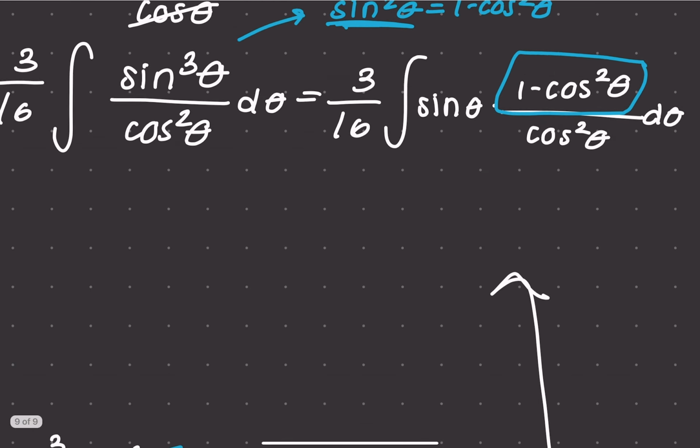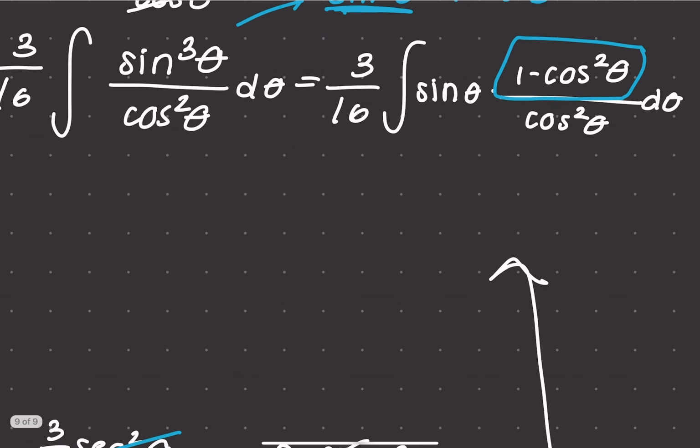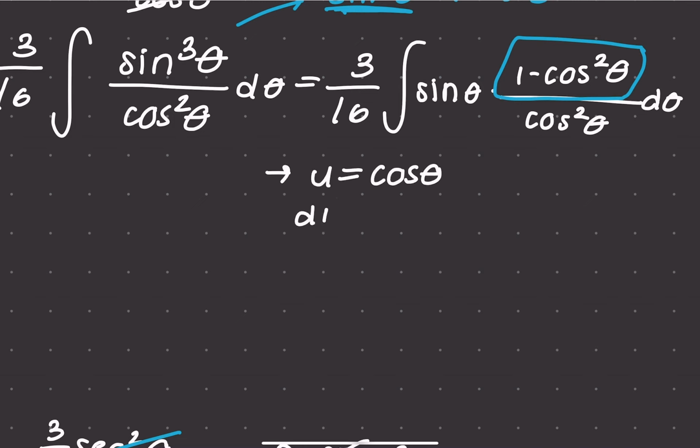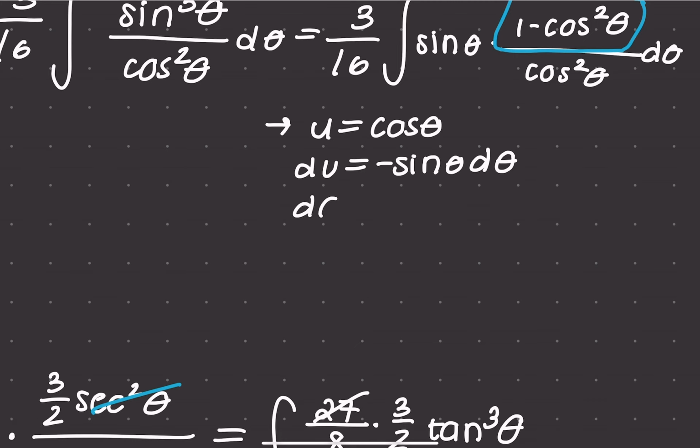Once we have that, we're going to use u substitution. We set u equal to cosine theta, which means du is equal to negative sine theta d theta, which means that d theta is going to be du over negative sine theta.